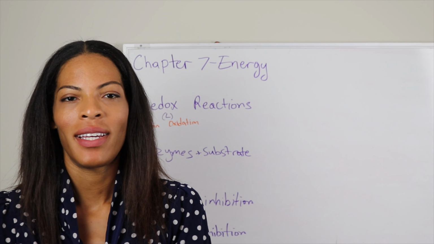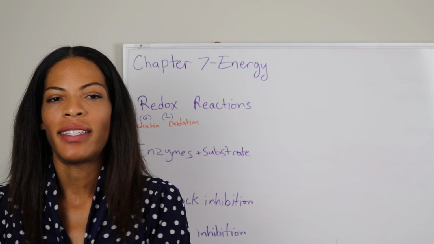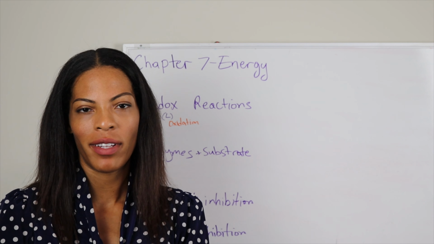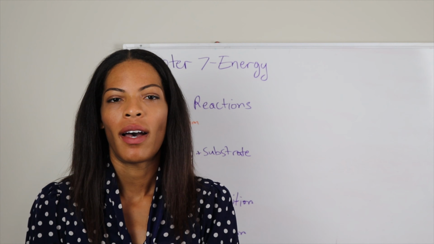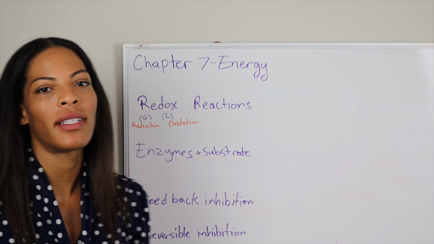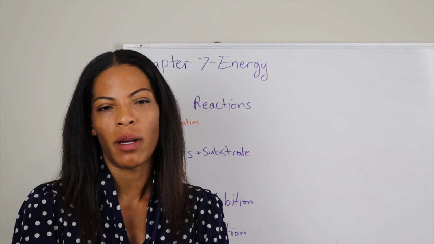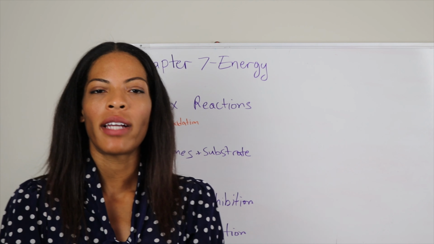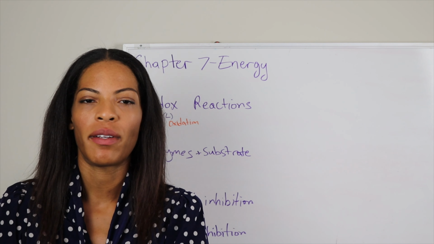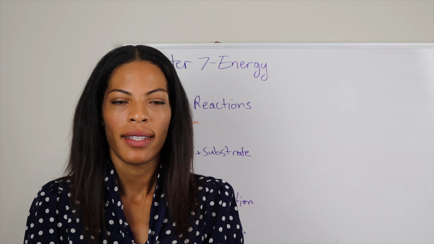Okay, so there are a couple of things that I want you to understand to wrap this chapter up, and they're very related to what we just talked about. Redox reactions are reactions that are working together with each other, just like how we talked about coupled reactions. But these reactions involve loss or gain of electrons as they're transferred from one molecule to the next.